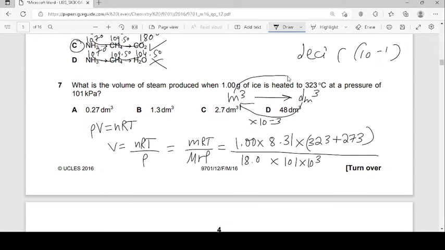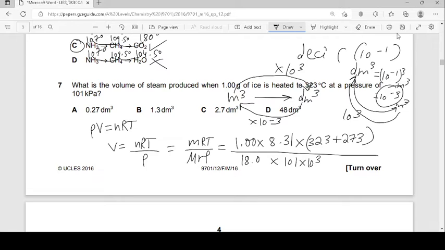And if you're converting from meters cubed to decimeters cubed, then you have to multiply by 10 to the power of 3, because decimeter cubed is basically the same as saying 10 to the power of minus 1 cubed meters cubed, which means it's 10 to the power of minus 3 meters cubed, right? So dm cubed to meter cubed, the conversion is 10 to the power of minus 3, and meter cubed to dm cubed, the conversion is the opposite, which is 10 to the power of 3, all right?